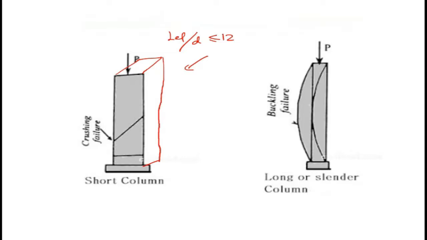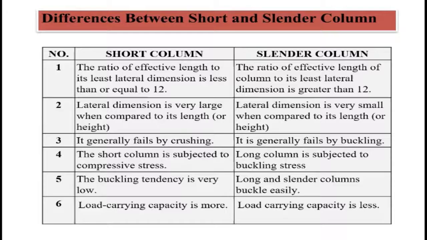Kalau short column, cross section dia luas. Berbanding dengan slender column, cross section atas dia kecil berbanding dengan ketinggian. Effective length bahagikan dengan D, dia lebih besar daripada 12, sebab D dia kecil. You just know the theory je.